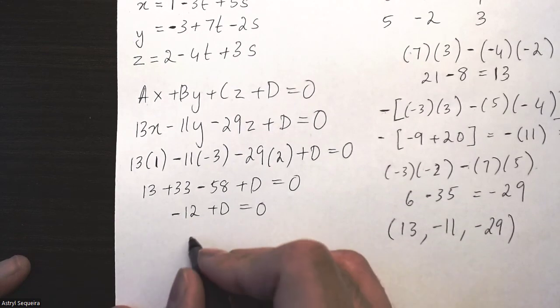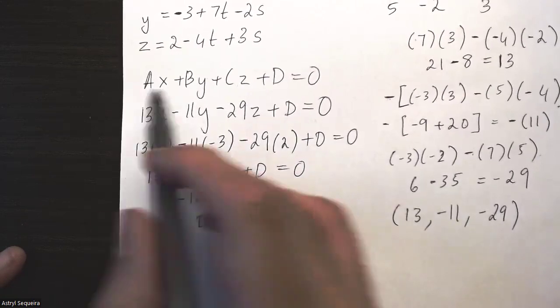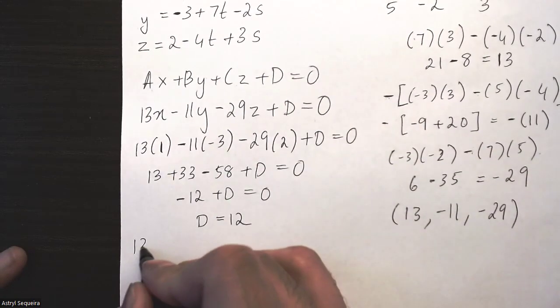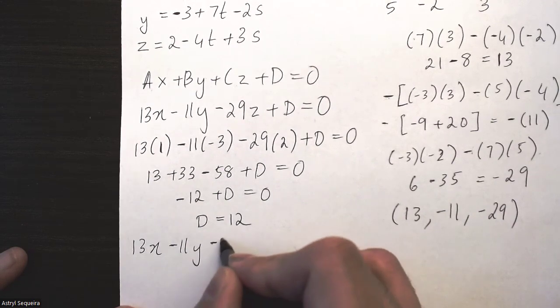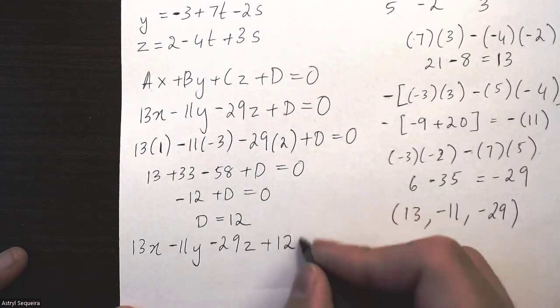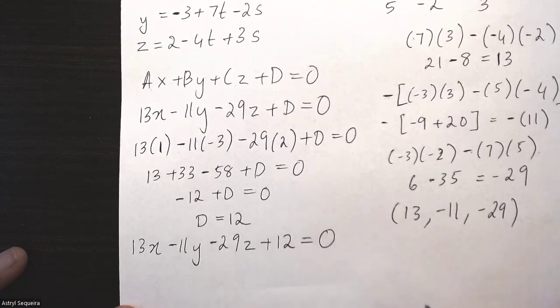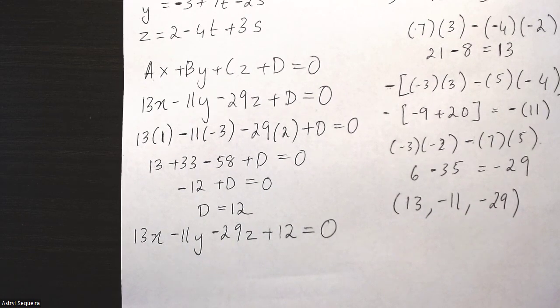I'm going to move the -12 to the other side, so d just equals to 12. And now I'm going to rewrite my equation as 13x minus 11y minus 29z plus 12 equals to 0. This is the Cartesian equation of the plane.